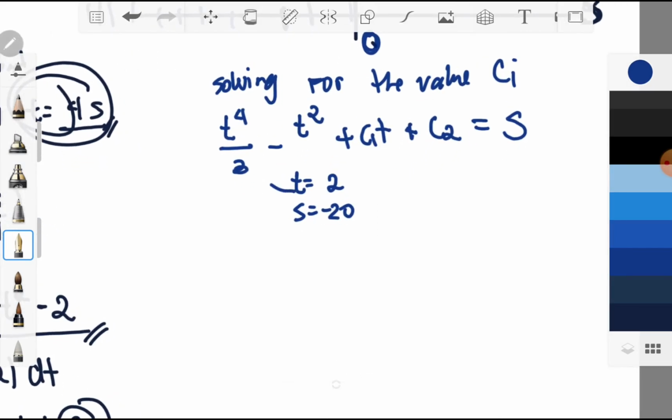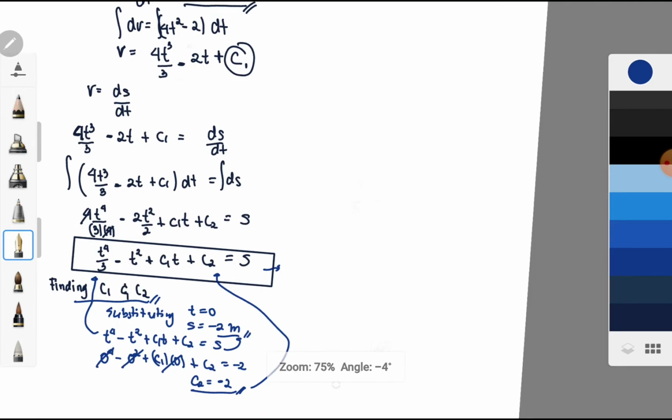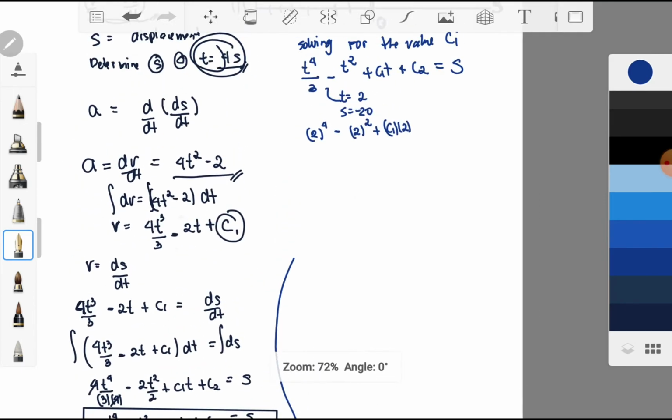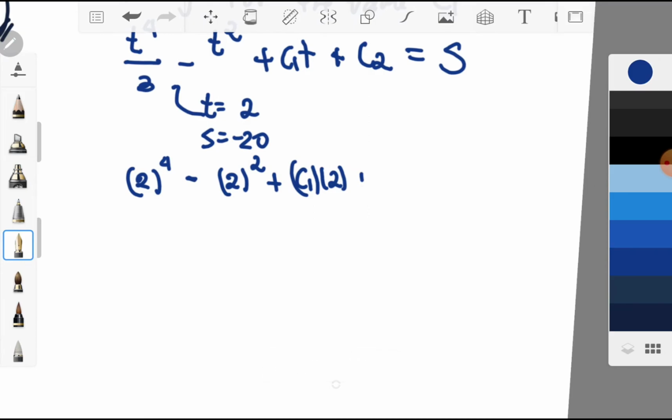Therefore, we may substitute your t, which is 2 raised to 4 over 3 minus 2 squared plus c1 multiplied by 2 plus c2, where our c2 is equal to negative 2. So we will substitute negative 2, equal to s.